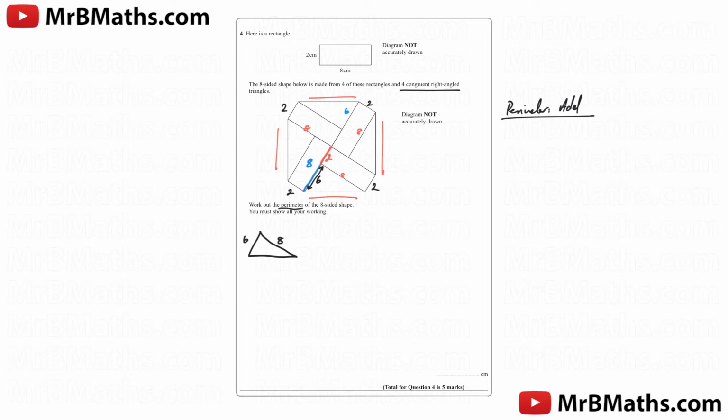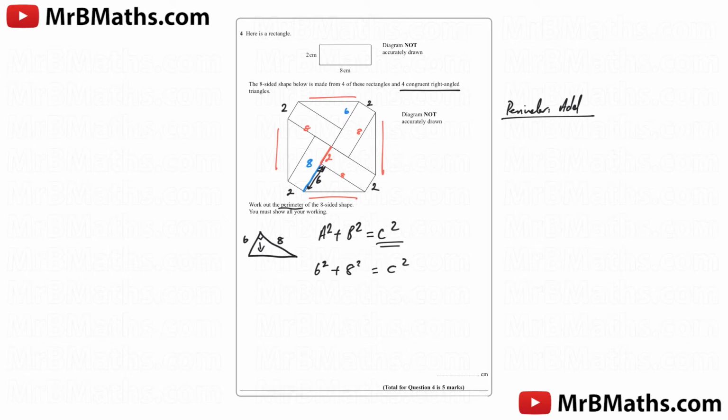If I look, this is a right-angle triangle. In order to find this side, the hypotenuse, because that's opposite the right angle, we can use Pythagoras. So a squared plus b squared equals c squared, and I can fill that in. With c squared being the hypotenuse, I don't have to do any rearranging, so I can just substitute the values in. That will be 6 squared plus 8 squared equals c squared.